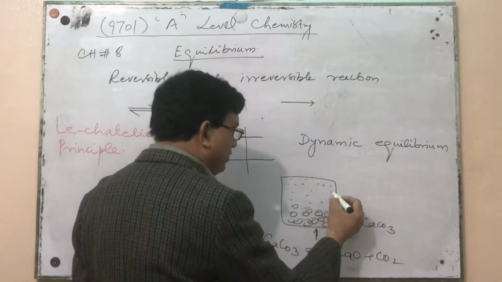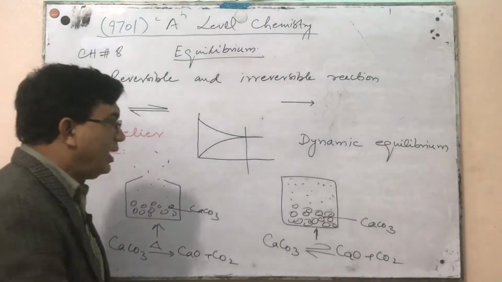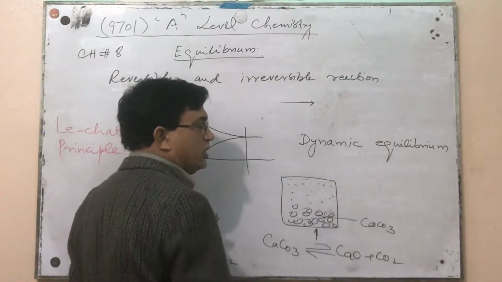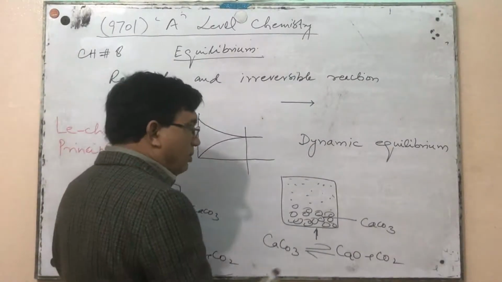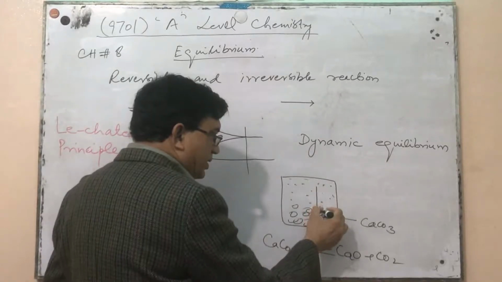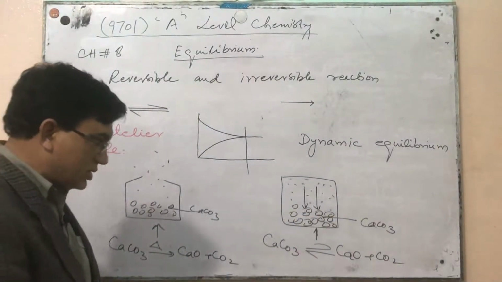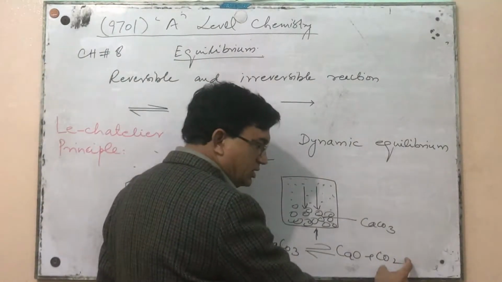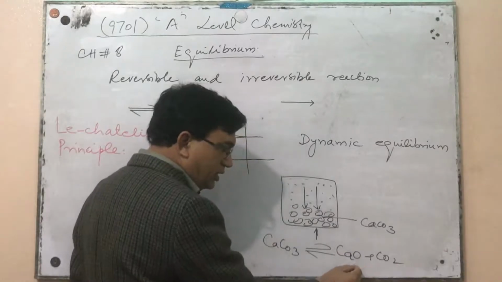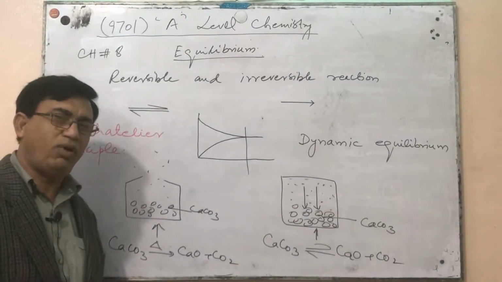Whenever this whole space above the calcium carbonate will be occupied and carbon dioxide has no chance to escape out, what will happen? Now, in turn, carbon dioxide will start striking again with the calcium oxide. As calcium oxide is basic in nature, carbon dioxide is acidic in nature, both of these will react together and again calcium carbonate will start forming.